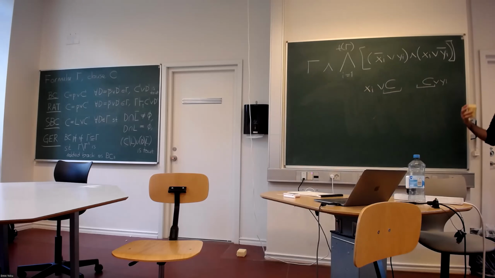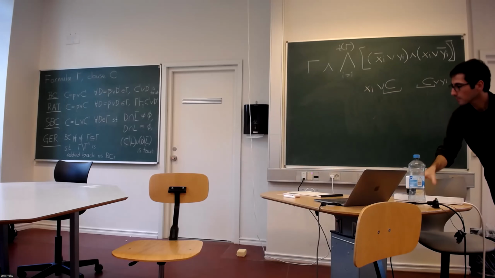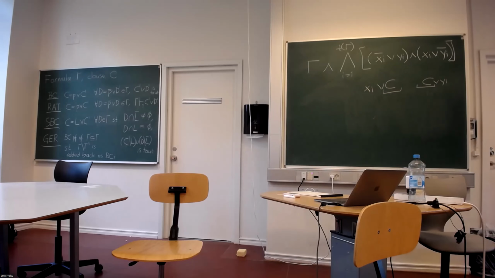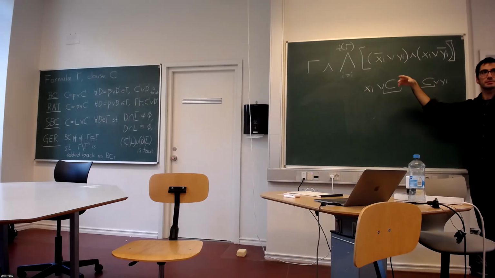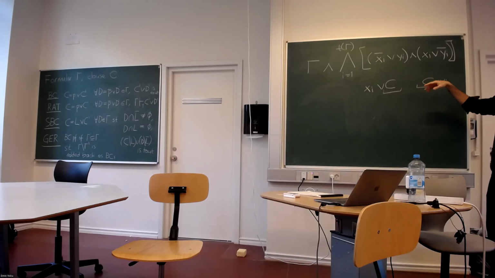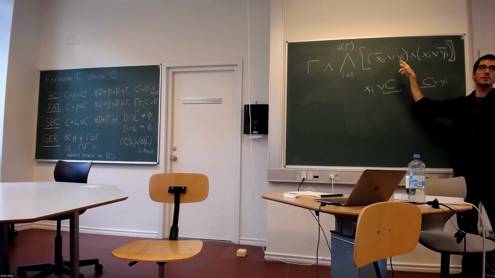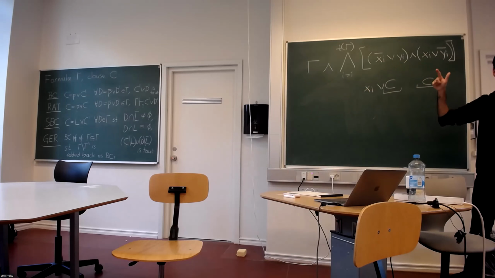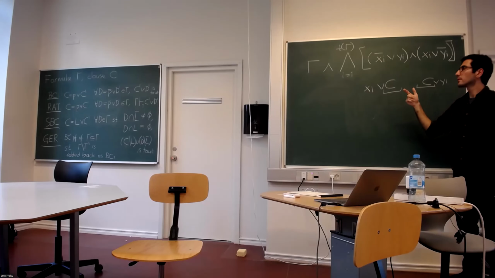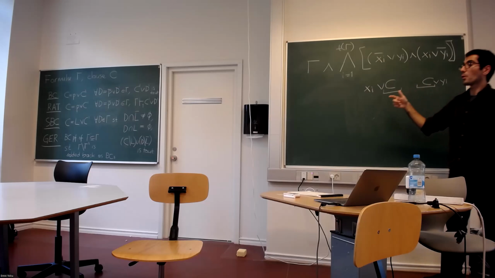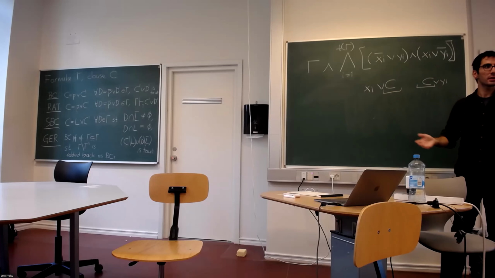Could you say that again, because that seems to be the key. Suppose you give me a RAT refutation of this. I will hit that with a restriction that sets these Xs and Ys to true. Although these systems are not closed under restrictions, if this system were closed under restrictions, I would be done, right?